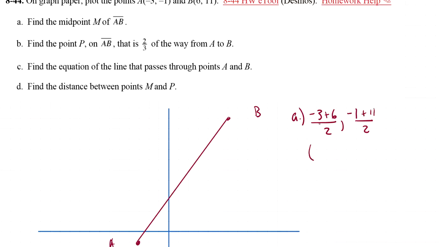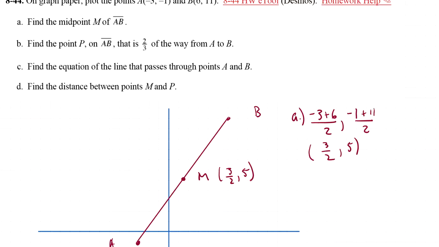So this is going to be 3 halves, and this is going to be 5. So the midpoint is going to be 1.5 and 5. 1, 2, 3, 4, 5. So right here is M, which is 3 halves, comma 5.